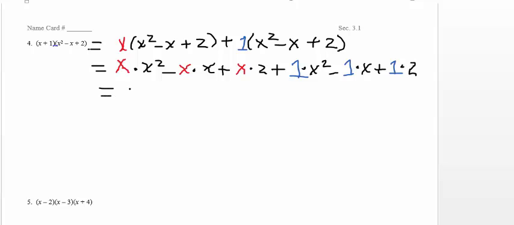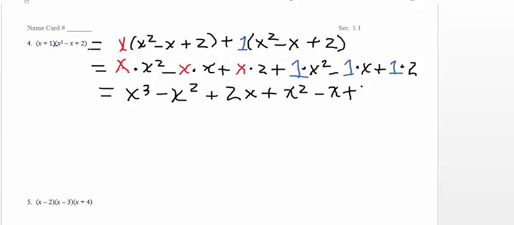So notice I have x cubed minus x squared plus 2x plus 1 times x squared is simply x squared, minus 1 times x is just minus x, plus 1 times 2 is just plus 2.